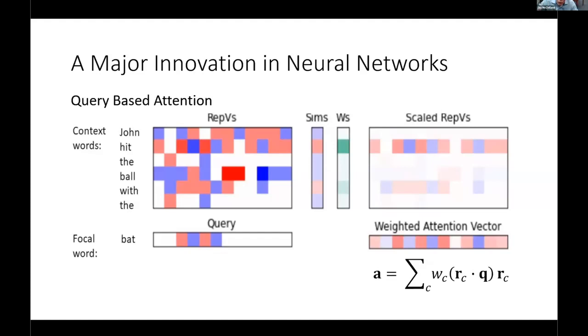And then what we return from memory is the weighted return vector, weighted over all the items in the context by the goodness of match of the query to the item in memory.